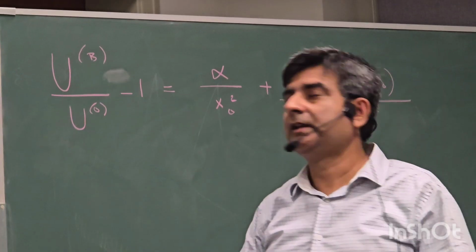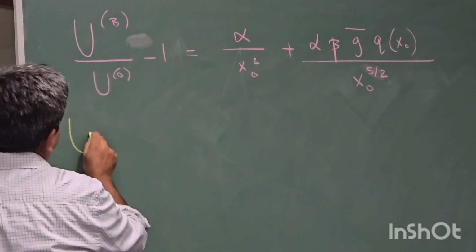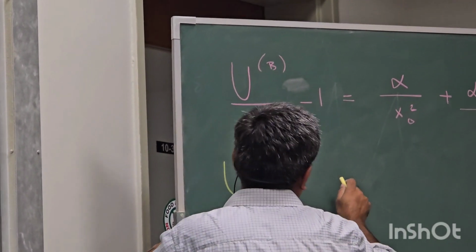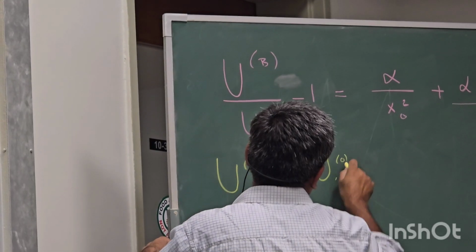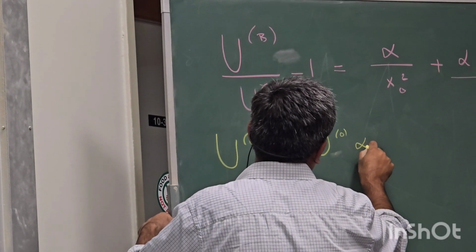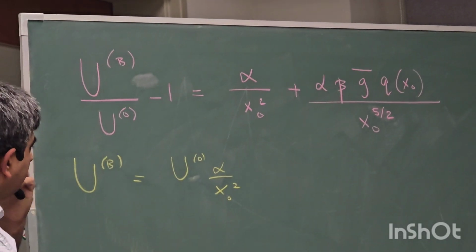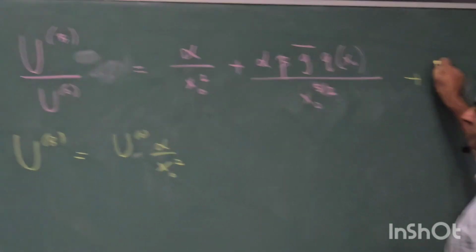So U B becomes U naught times alpha x naught square plus 1.